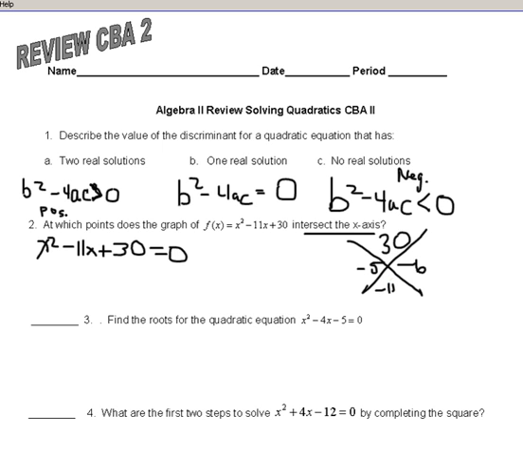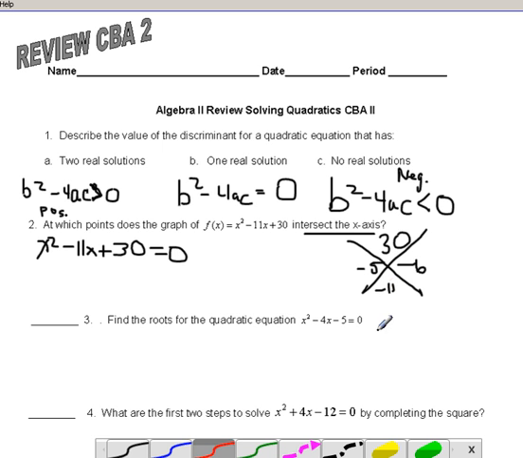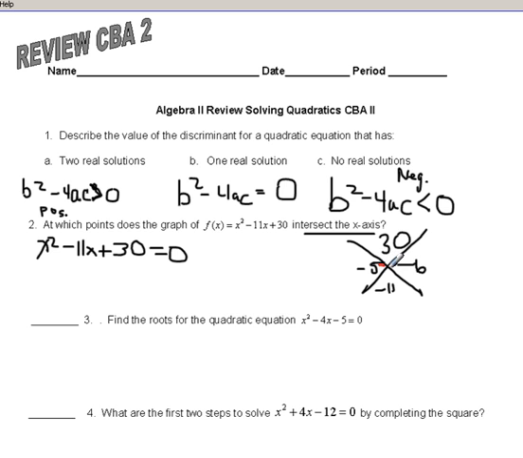So then I have to put an x here and an x here. And then I break my negative 11x apart as negative 5x minus 6x.